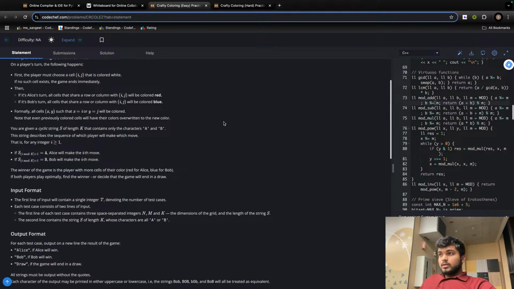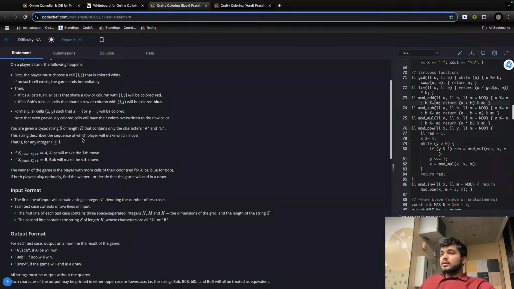What will be the case if the matrix will not be filled after the string ends? The string describes the sequence of which player will make which move, that is for an integer i greater than or equal to 1. So if i is greater than or equal to 1, then what does S of i mod k plus 1 mean?